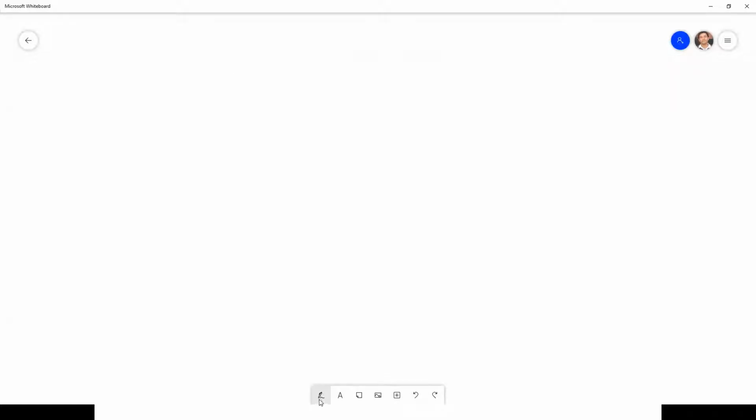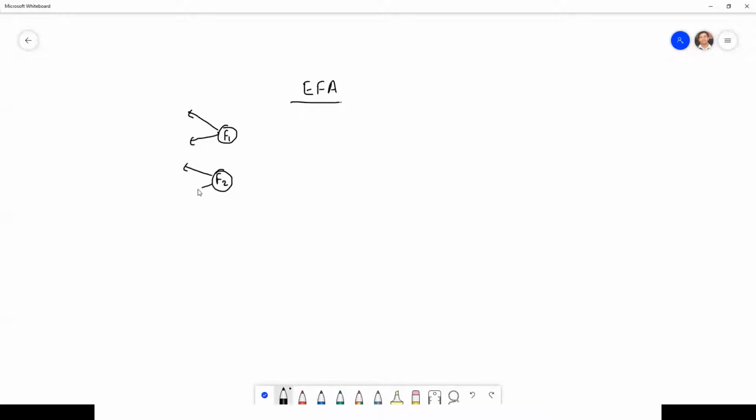So when we look at exploratory factor analysis, let's say our factor structure is something like this. This is F2, this is F1, and we have two items here, a very simple case.